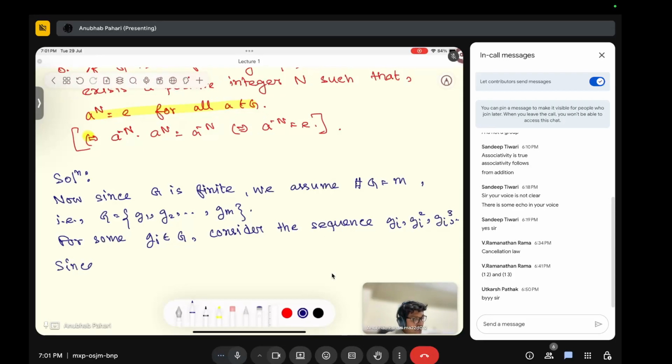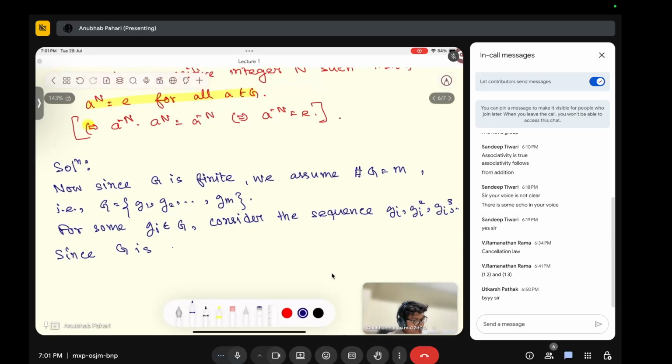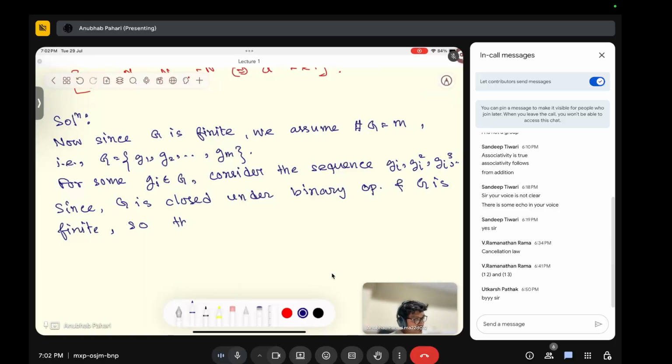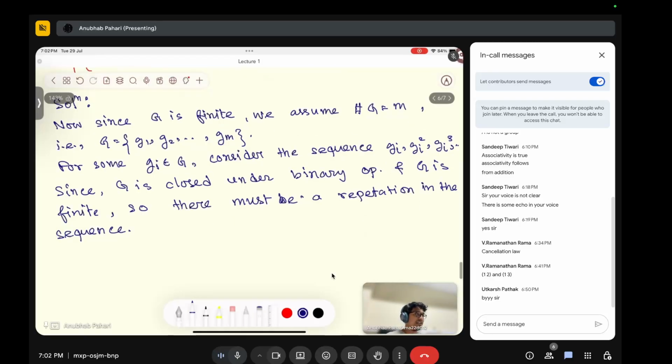Now, since G is closed under the binary operation and G is finite, there must be a repetition in the sequence, or else we'll be going on in infinite time, getting infinite elements, which contradicts the fact that G is finite.